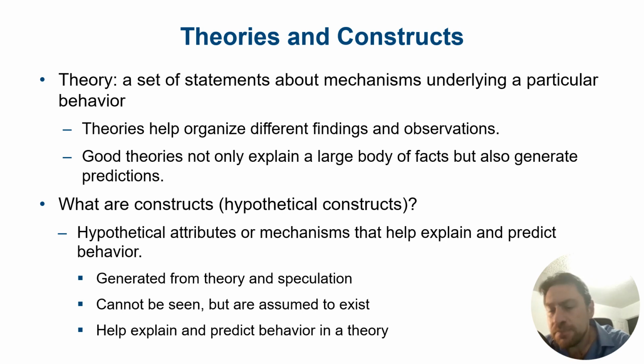Now, these theories will often contain hypothetical mechanisms and various intangible elements. And if a theory successfully explains a large body of data and makes accurate predictions, then we assume that those intangible elements are real. Now, this happens in many other fields as well. For example, in physics, you might assume the existence of certain types of particles or forces if making those assumptions helps your theory explain more data or make more accurate predictions.